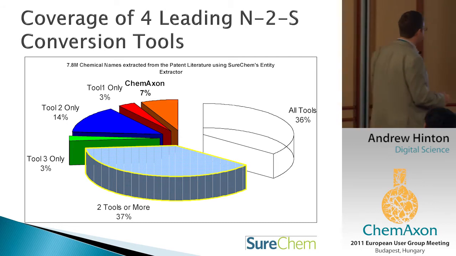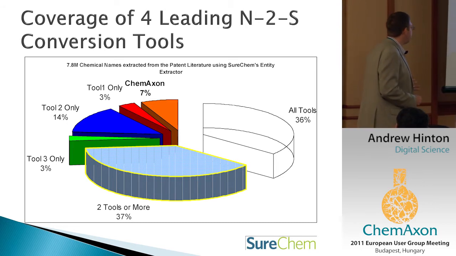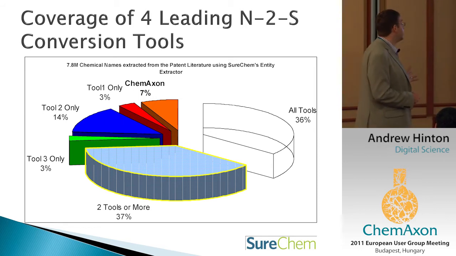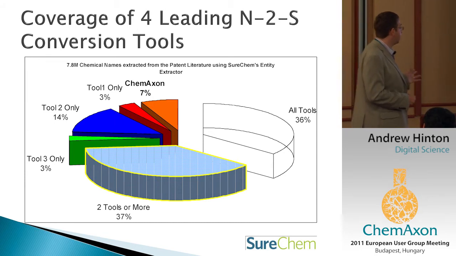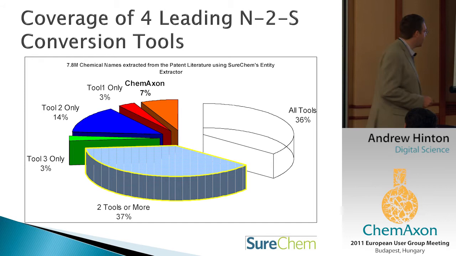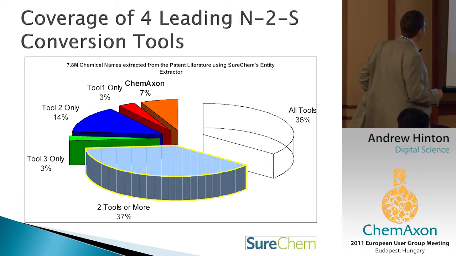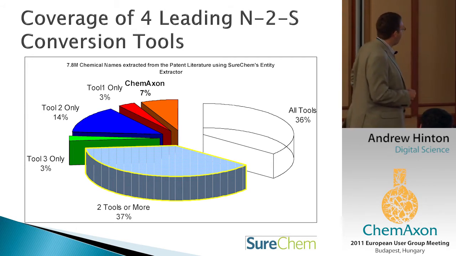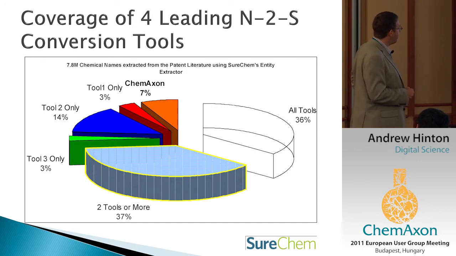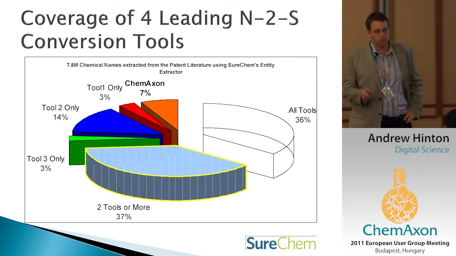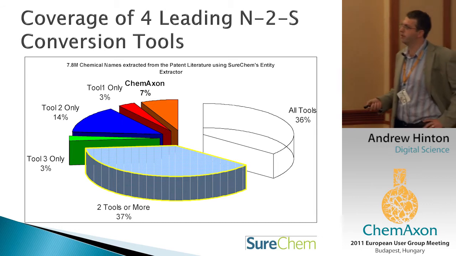Another third, at least 2, but perhaps 3, of those chemical names will be converted by 2 or more tools. But interestingly, you're left with a final third of chemical names whereby only one of the 4 tools will actually be able to generate a structure for it.